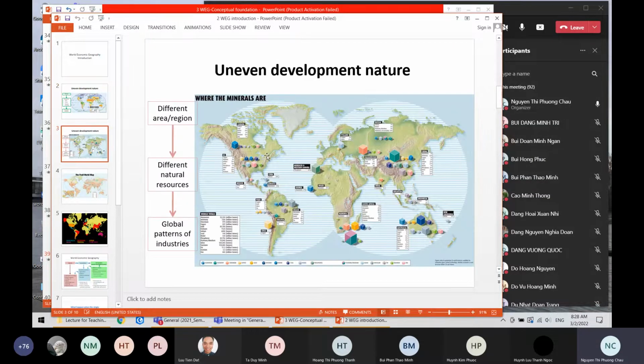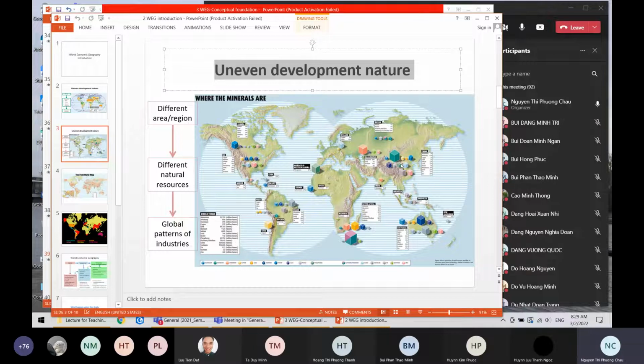About minerals, this is what we call the uneven development of nature, because minerals are not equally distributed on the Earth's surface.